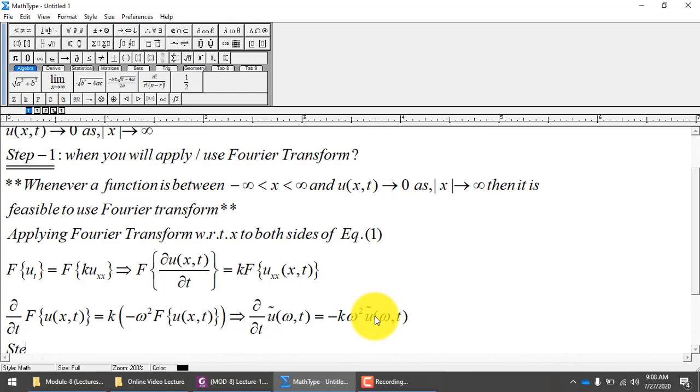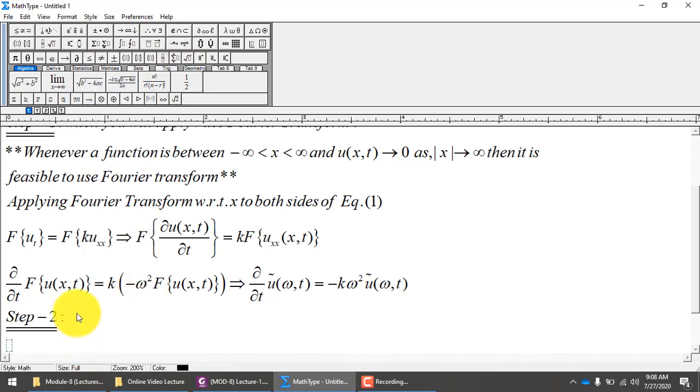In the next step, which is also important, you should find the expression of u tilde.